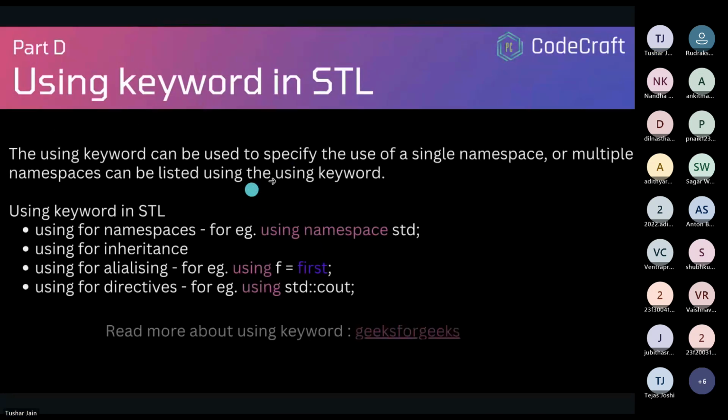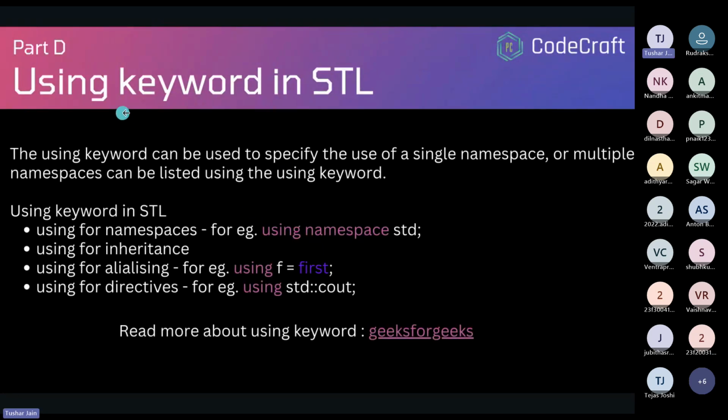And there is one more important thing, the using keyword in STL. This is a special keyword. The using keyword can be used to specify a single namespace or multiple namespaces. You have seen a lot of times in code, using namespace std.